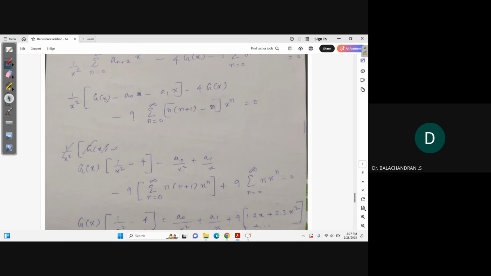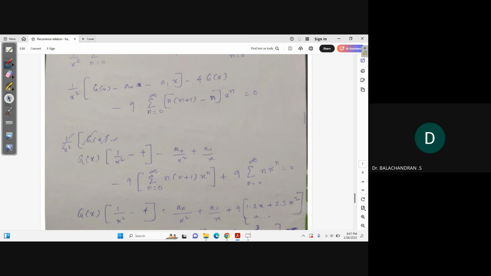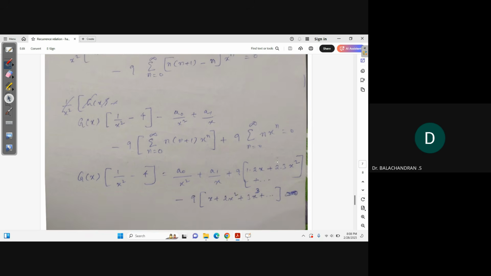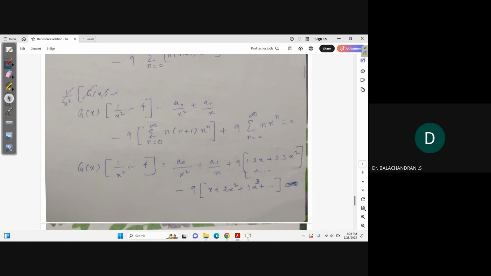So take g of x common: 1 by x square minus 4, and then minus a naught by x square plus a1 by x, minus 9 into summation n equal to 0 to infinity n into (n plus 1) into x^n, and then plus 9 into summation n equal to 0 to infinity n into x^n equal to 0.